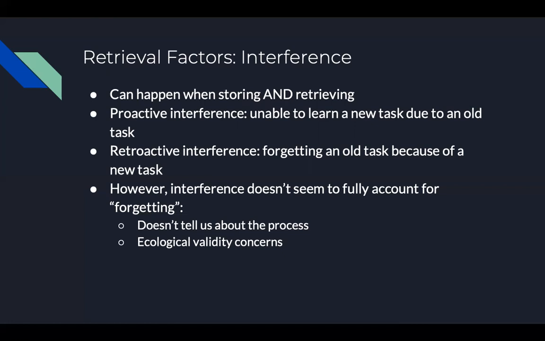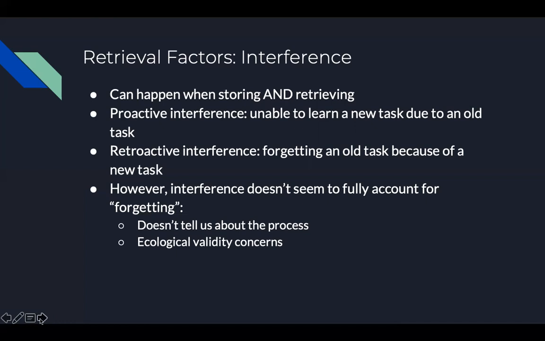With a lot of these list learning interference tasks in the lab, there's pretty low ecological validity. Especially with the advent of smartphones, we're not having to learn lists. We're able to just write them down and carry them with us. So this doesn't really show us the nuances of day-to-day life.